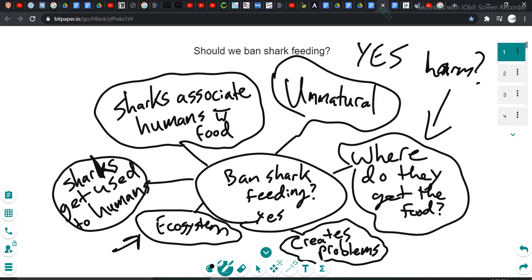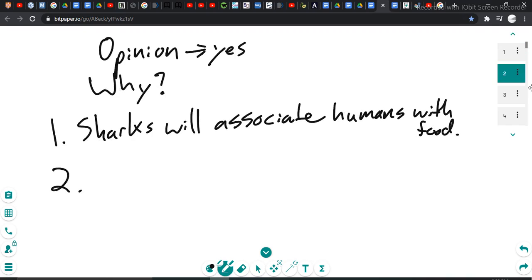So maybe the food will harm the sharks, but I'm going to go with the ecosystem one. So maybe it disrupts the ecosystem. Maybe it's related to the unnatural idea. So I'm just going to put that here. Disrupts the ecosystem. You know, the food chain. I could say disrupts the food chain.